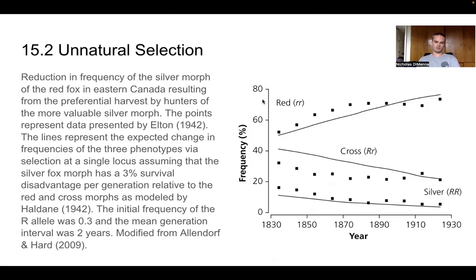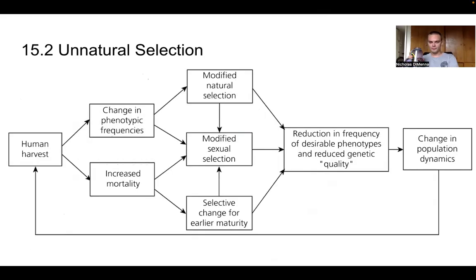So you can see just how much that small but unnatural preference for one phenotype over another can change the genotype of a population. And therefore, of course, we've reduced heterozygosity as well, which has long-term viability implications. Yeah, not cool.